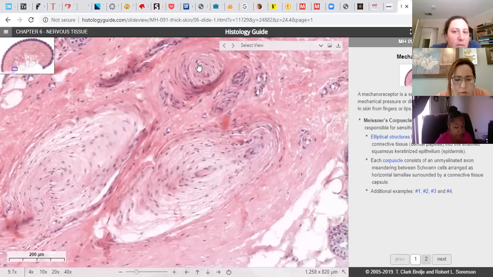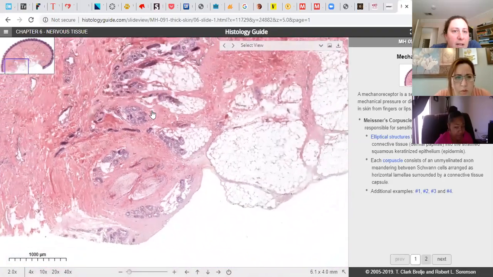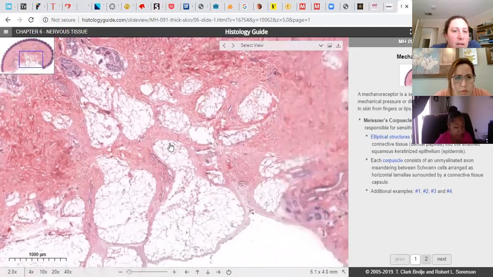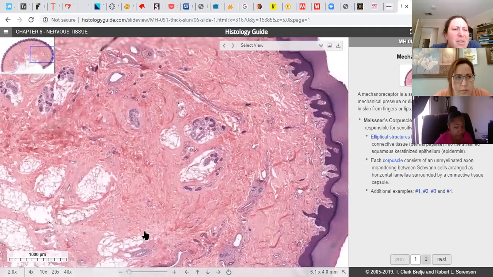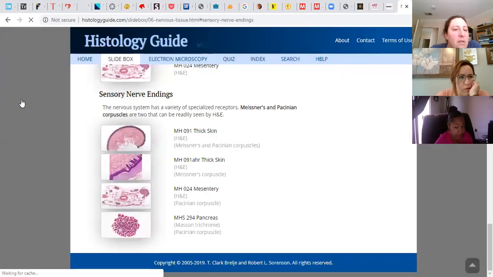There's a little slice of one there. So you can identify them from a fairly low magnification. So there's the one I showed you before. This is a very nice slide because it's hard to find them on the skin a lot of the times. Those are all the ones I can see off the top of my head. So you can just look at that one if you want to, but they also are present here.